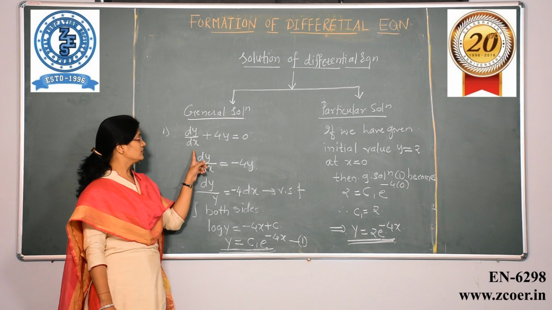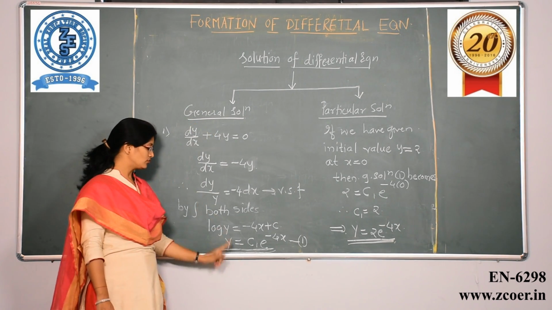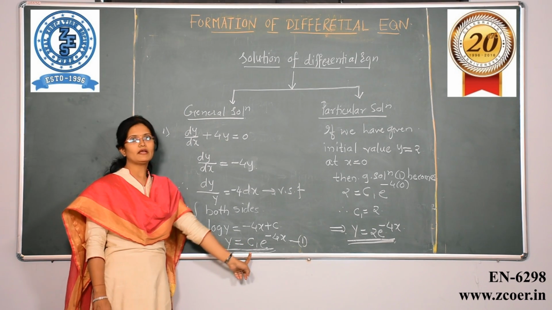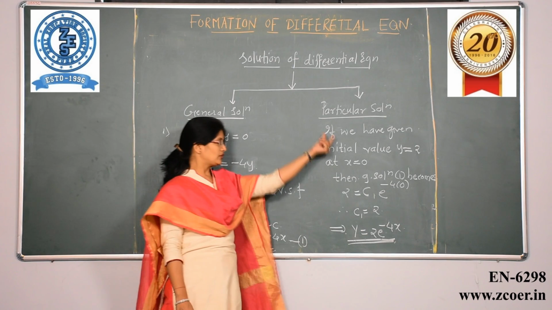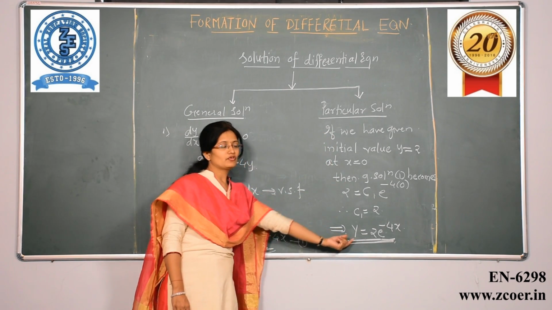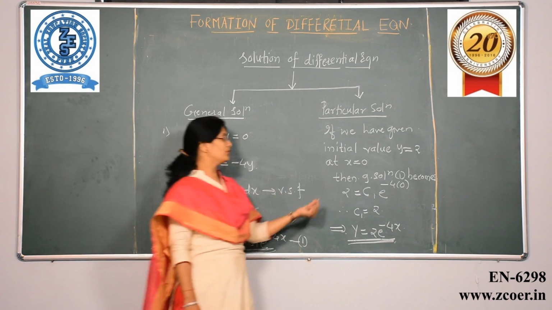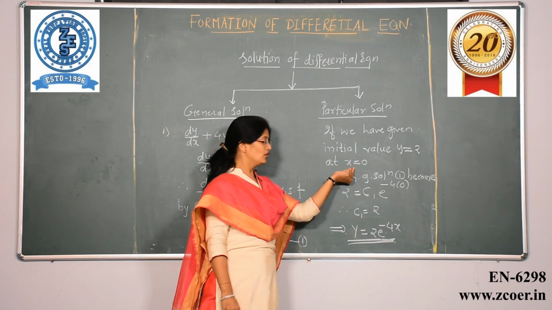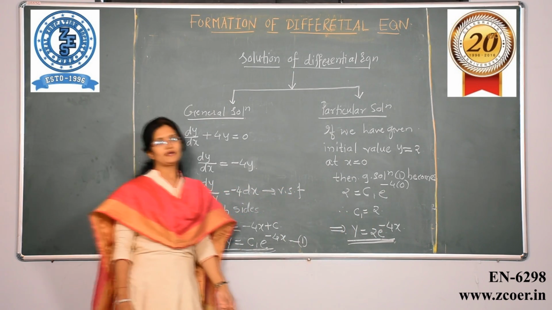Here your differential equation is of first order first degree, so the order is 1, and this solution contains only one arbitrary constant. Whereas we call this solution a particular solution because we are finding the value at a particular point, that is, at x equals 0, we are getting this solution. So that is why we call it the particular solution.